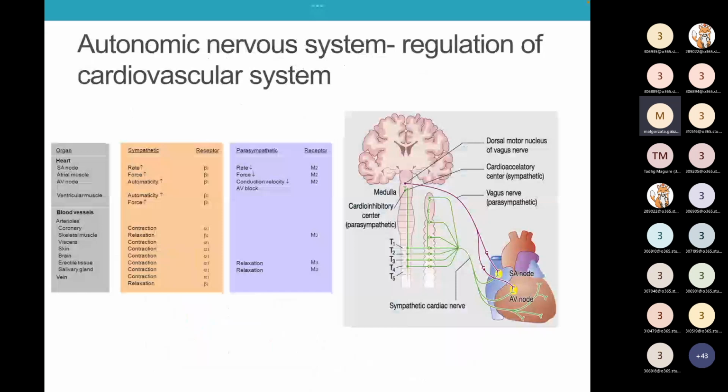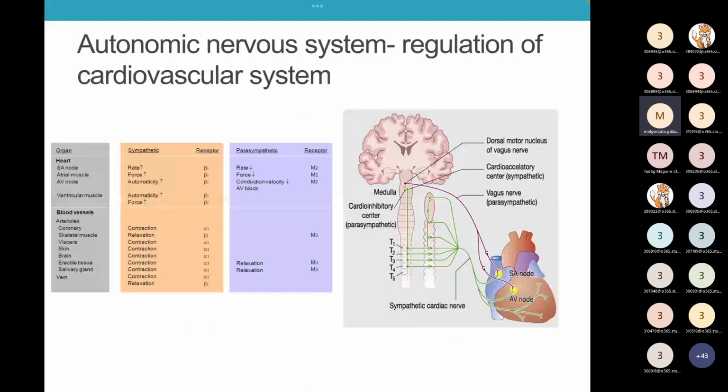So ventricles have no parasympathetic innervation. Atria are innervated by the parasympathetic nervous system. Therefore, the parasympathetic nervous system can directly regulate the contraction force of the cardiomyocytes within the atria, but it cannot directly regulate the contractility and contraction force of cardiomyocytes in the ventricles.